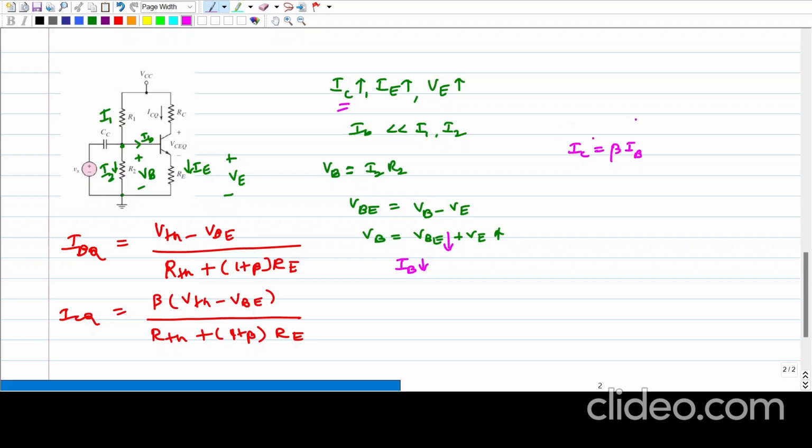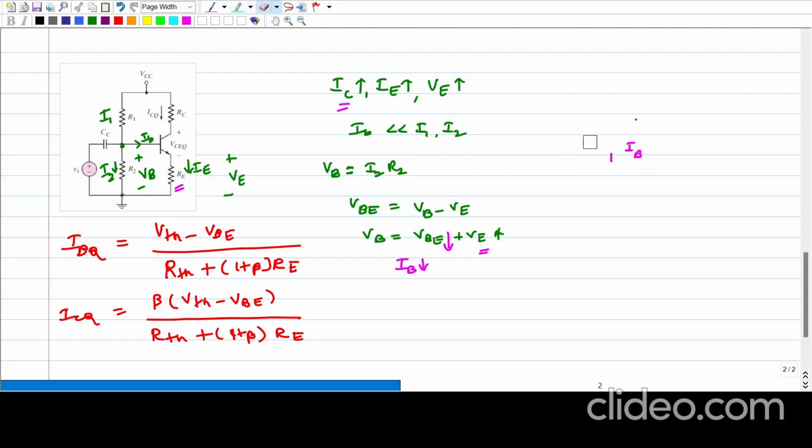Now, because of this emitter resistor, which creates this potential drop VE, this increase in VE causes a decrease in VBE. So the base voltage comes down, which brings the base current down, and then the collector current is also reduced. This is how the emitter resistor helps to provide a negative feedback.